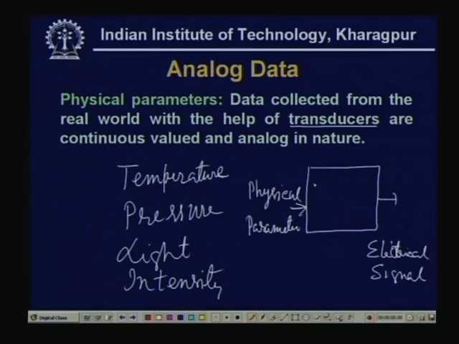So, this is your transducer, and the transducer produces here an analog signal, which is an electrical signal, also analog in nature usually. That means we get continuous values of the electrical signal corresponding to the physical parameter on this side. It can be for any one of the parameters that I have mentioned. So, these are the examples of analog data.